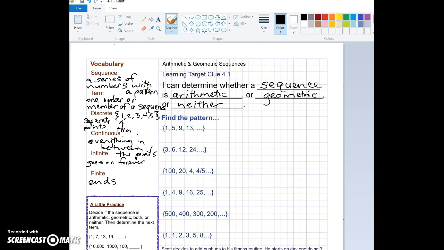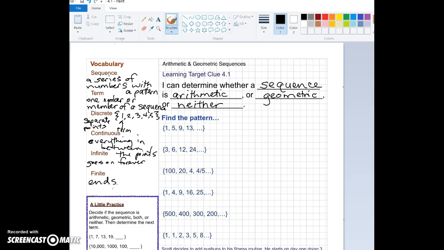Eventually I'm going to run out of room in the auditorium. I'm not going to be able to go on to infinity. That wouldn't make sense because the auditorium is finite. It has space, and I can only put so many chairs in there. So that would be a finite sequence. It might go up to maybe 25 rows, or 25 terms, 1, 2, 3, 4, 5, 6, 7, 8, all the way up to 25.